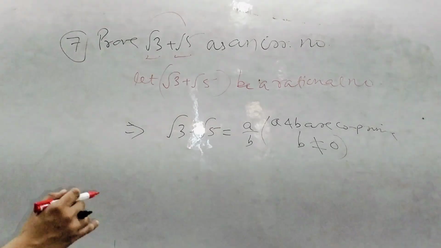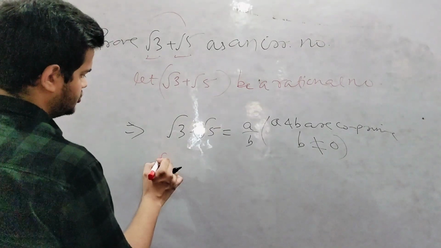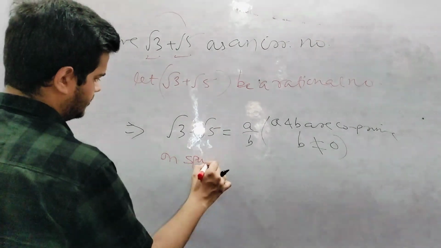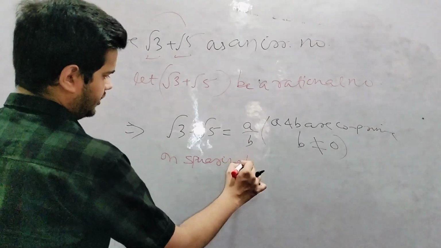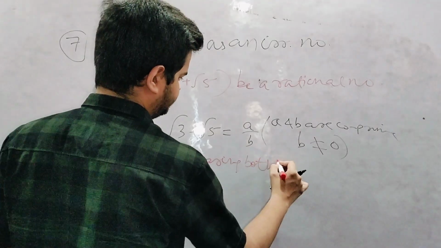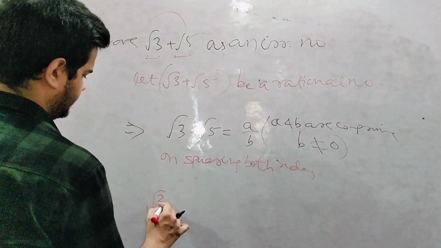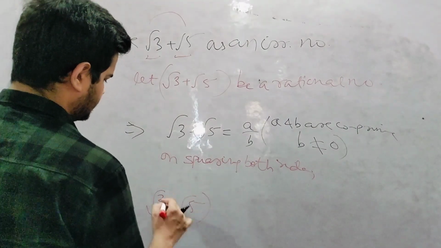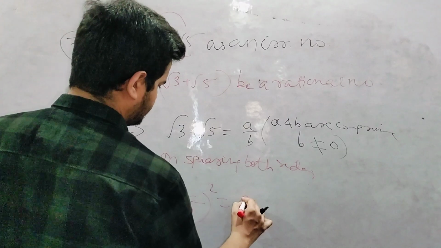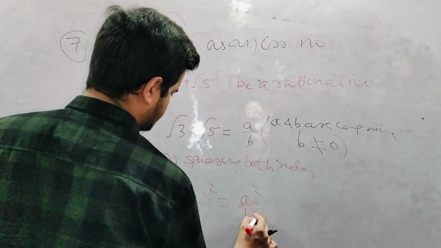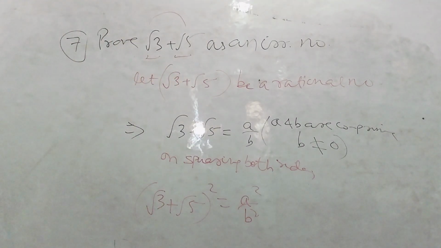Then what did we do after this? On squaring both sides, we get (√3 plus √5) square is equal to a square upon b square. Okay, please note it down.